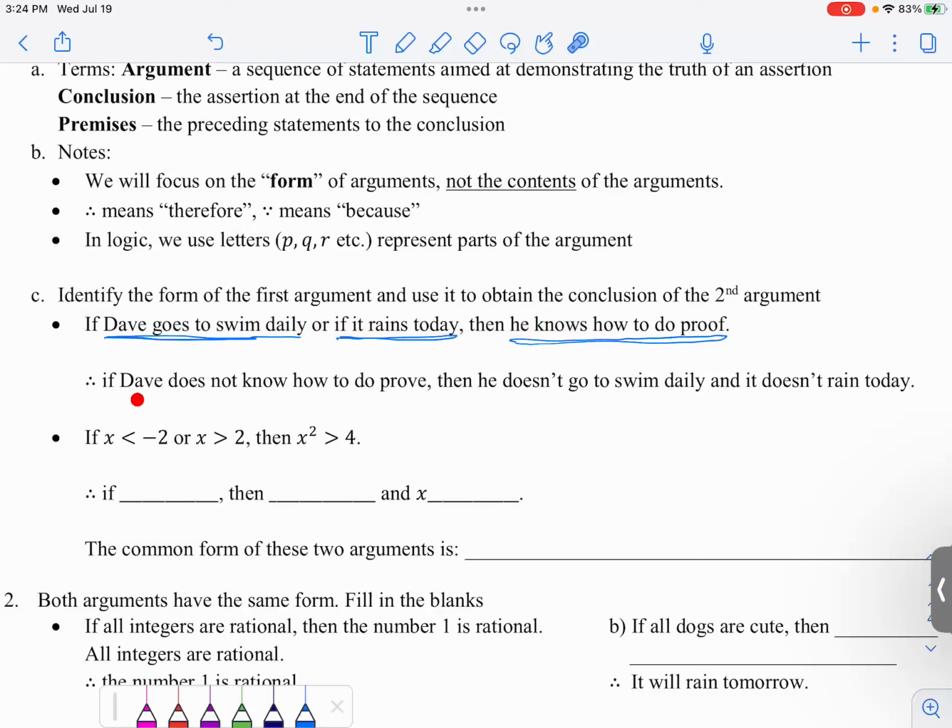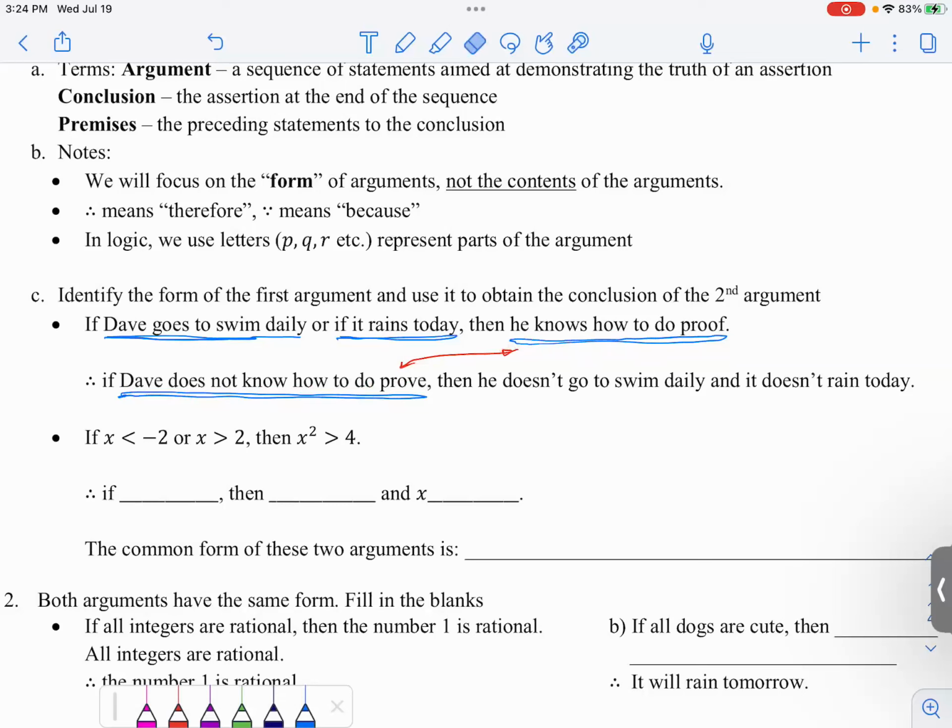Therefore, if Dave does not know how to do proof, you probably feel like we have read something already very close to that. Yes, you're right. So this is very closely related. Here, this says he knows how to do proof. Here, he doesn't know how to do proof. This is kind of like opposites of each other.